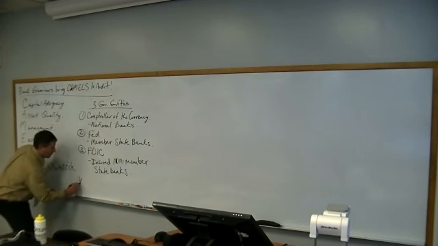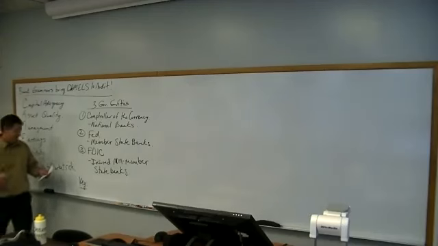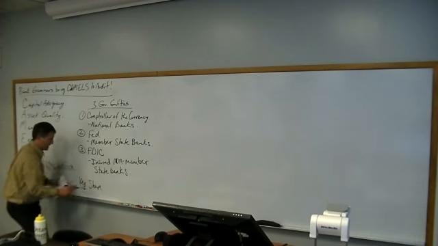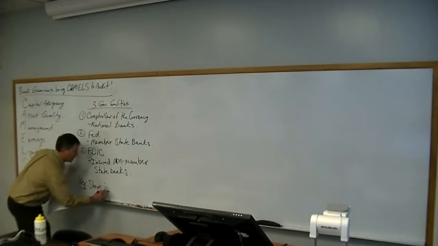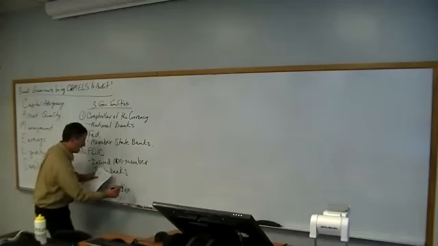So one thing is that they do share information, which sometimes government entities don't do very well. But in this case, they have a pretty good information flow. So they share information with each other.